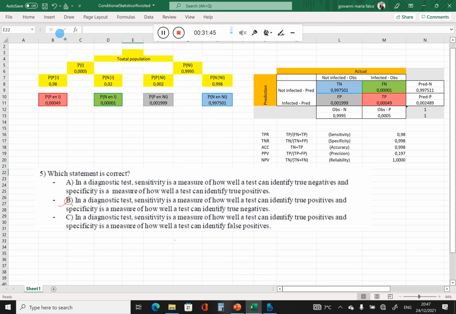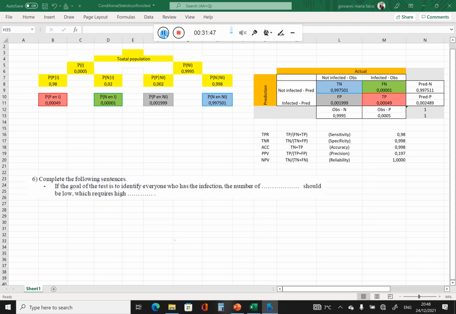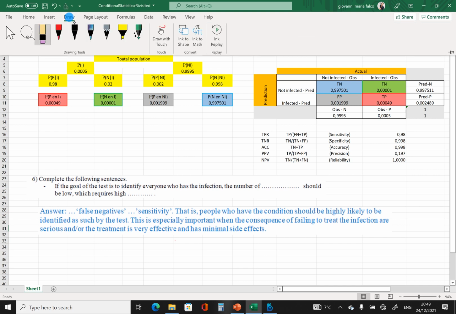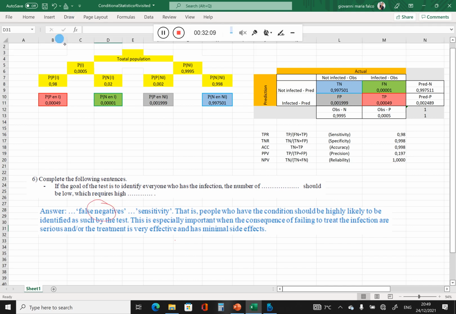Then we move to question 6, where you have to complete the following sentences. If you think about it, you will agree that the correct answer to fill in is false negatives, and it will require a very high sensitivity.